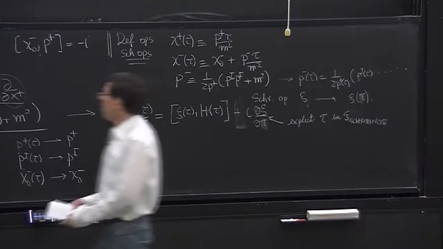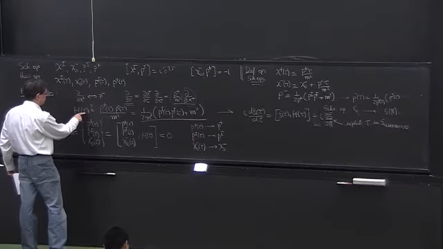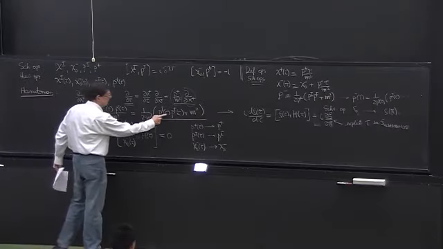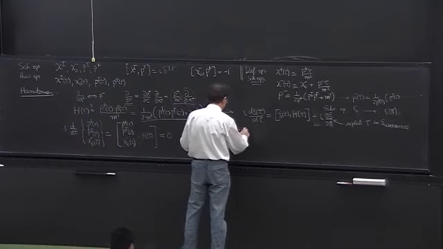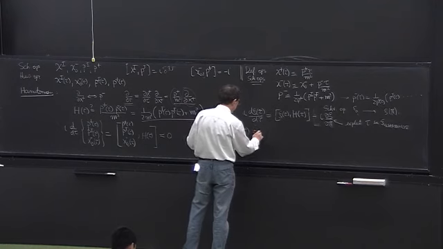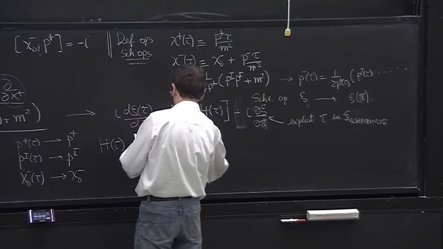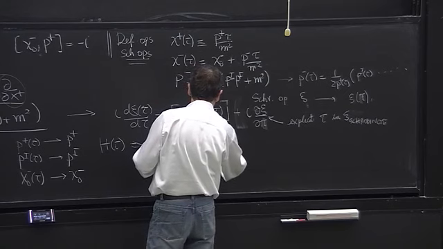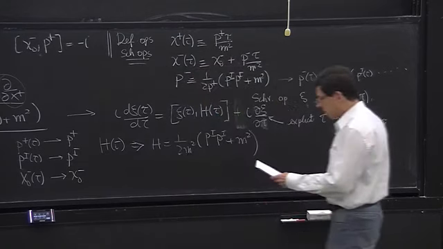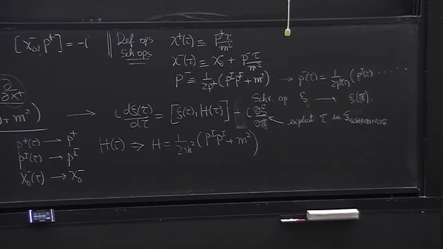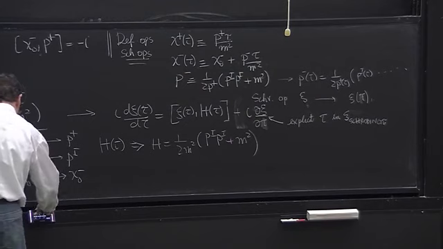So even this Heisenberg Hamiltonian is time independent, which is obvious because all these things are time independent. So h of tau can now be written as h equal 1 over 2 m squared pi plus m squared. So things are going well.